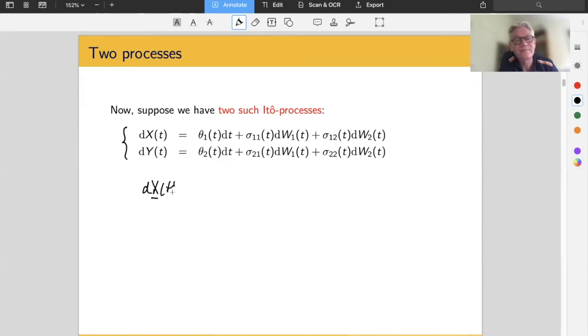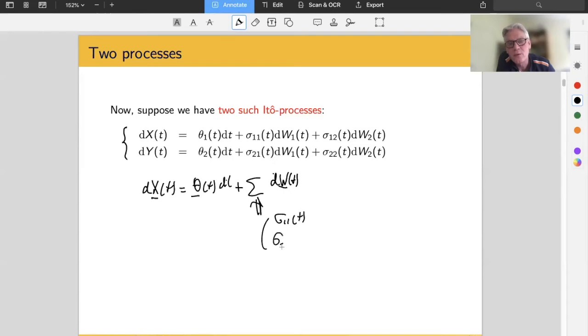dXt is equal to theta t dt plus a matrix sigma times dWt. Here we have a matrix consisting of sigma 11, sigma 12, sigma 21, and sigma 22.